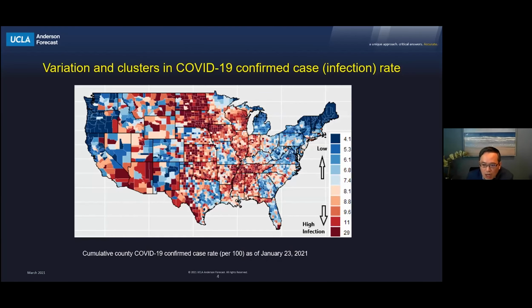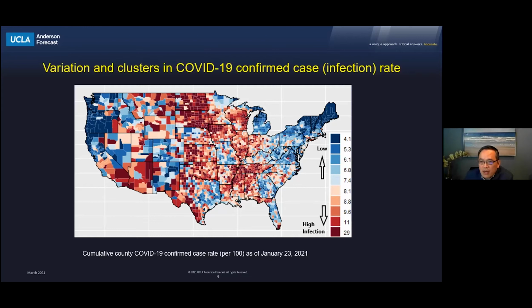In this chart, I show you the cumulative county COVID-19 confirmed case rate per 100 population as of January 23rd, 2021. The red color represents a high infection rate, while the blue color represents a low one. Again, we can see wide variation of COVID infection rate along with several clusters in the Midwest, Mississippi Valley, Southwest, and California.